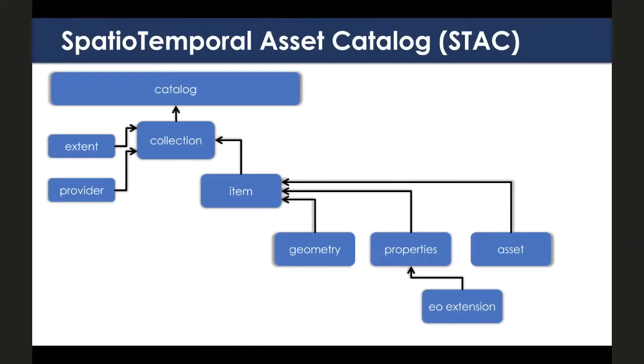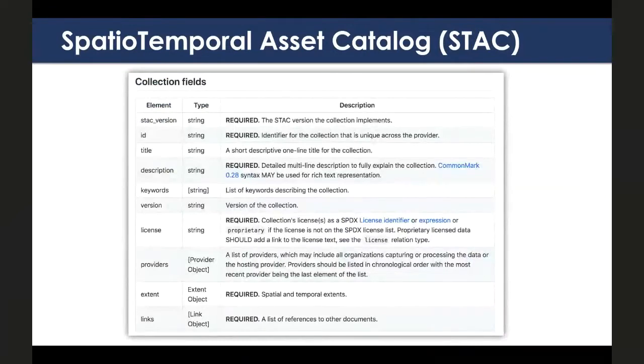That makes the interoperability of these catalogs, and also searching against them, much easier and understandable to different APIs. This is again the core level metadata that goes to the collection level. As you see, it's the Stack version. We want to know which Stack version is being used, an ID, a description of the data, the license that is applied to that data, the extent and the links, and some other optional fields you can add, like keywords and providers.